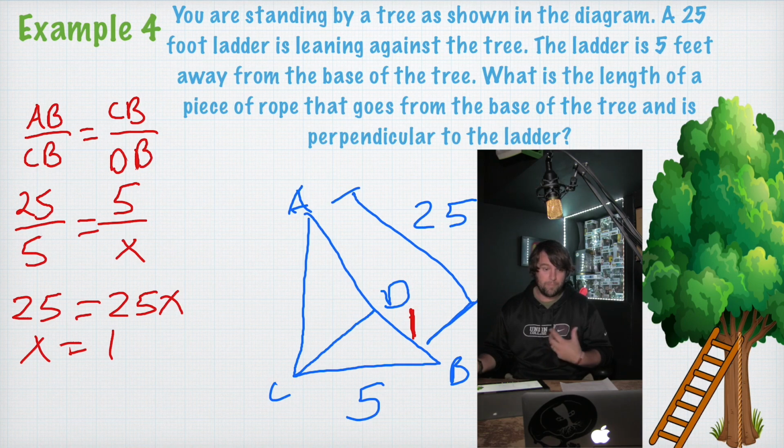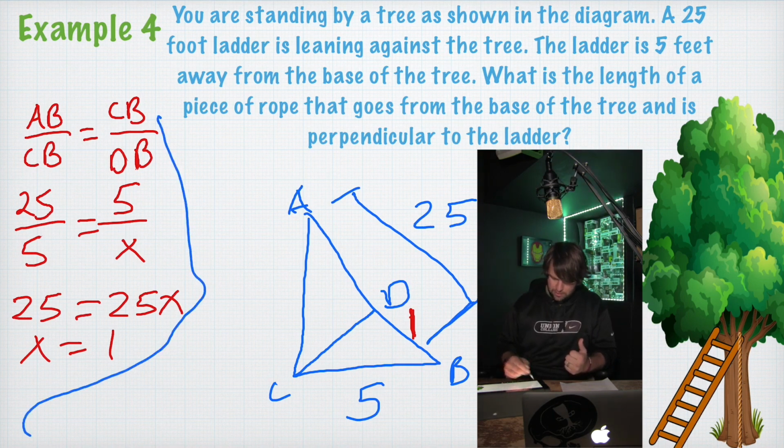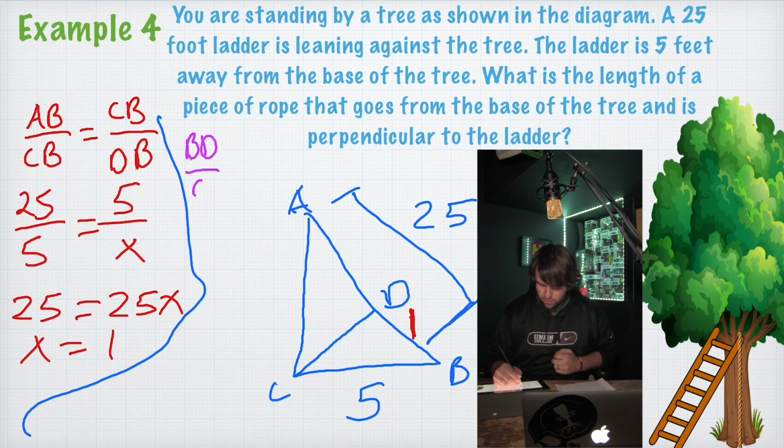But I'm going to pop back to theorem 7.6, the geometric mean altitude theorem, which says that, let me draw some lines around this, BD over CD equals CD over AD.